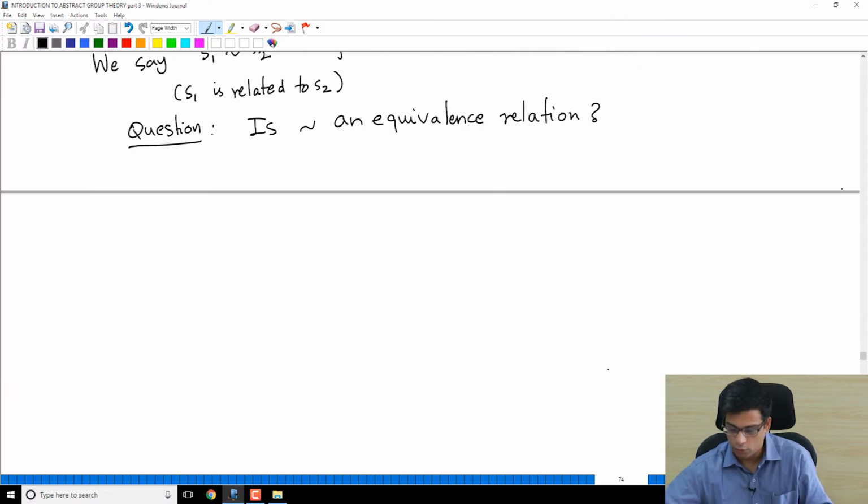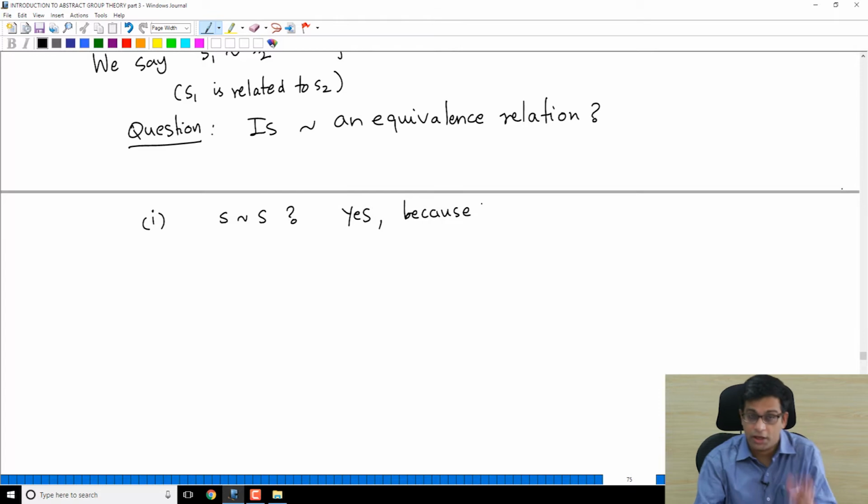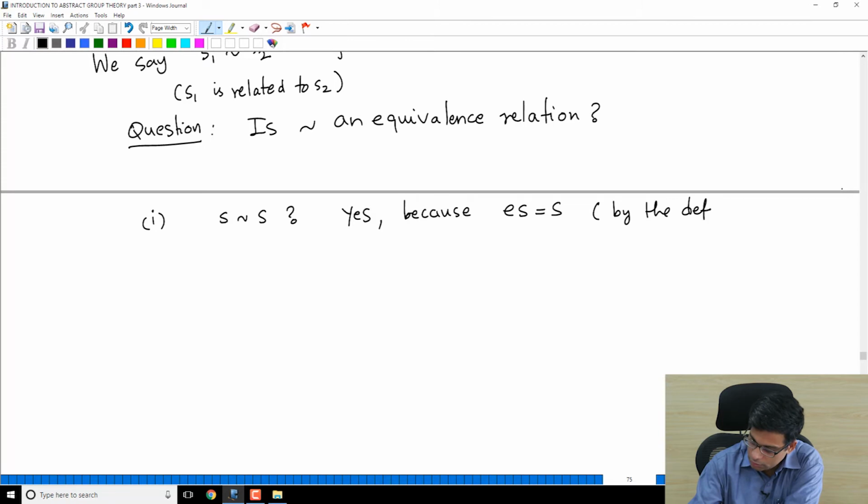We want every element to be related to itself. You want the relation to be reflexive. So the first condition is s related to s. Yes, because why is s related to s? You can take es to be s. You have es is equal to s. This is by the definition of action.